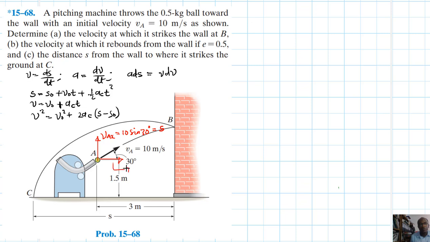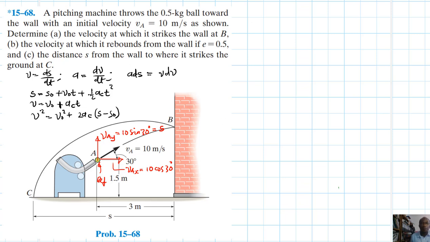Then this is v_Ay, and then we do have v_Ax here. This is just 10 cos 30. Let's call this one our reference for our first part.